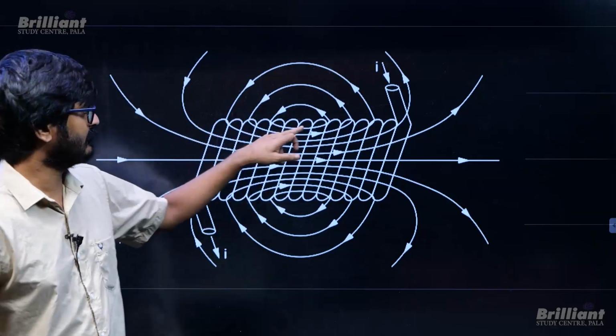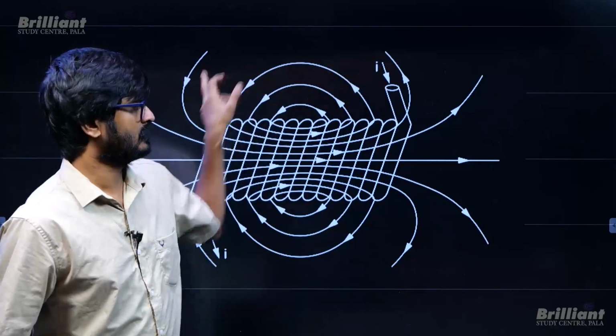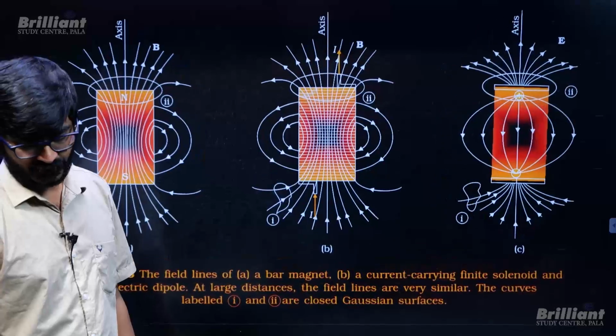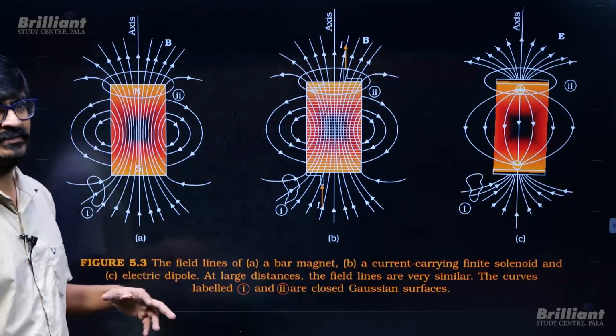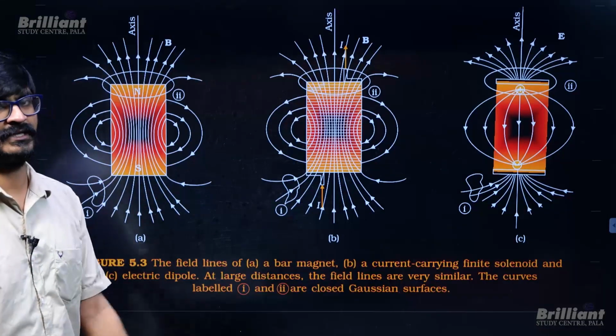Now if you notice carefully, these are closed. Now if you draw magnetic field lines for a bar magnet, it is something like, anyway, I don't have to explain about the bar magnet probably.